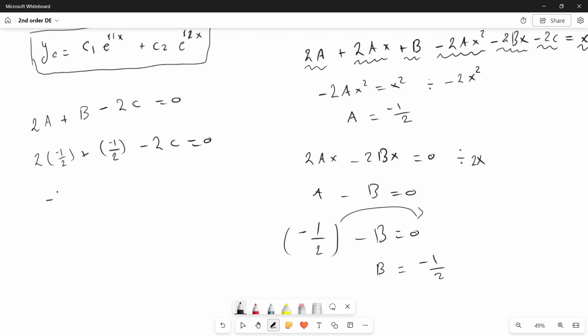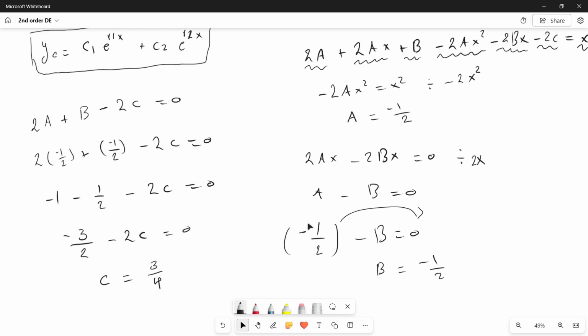So we have negative 1 minus half minus 2c is equal to 0. We have negative 3 over 2 minus 2c equals 0. So c is equal to negative 3 divided by 4.